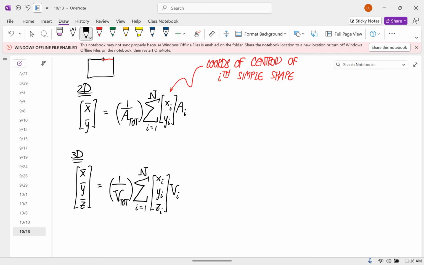Like I said, we're not going to use that 3D version very much. Our problems are going to be mostly 2D problems.